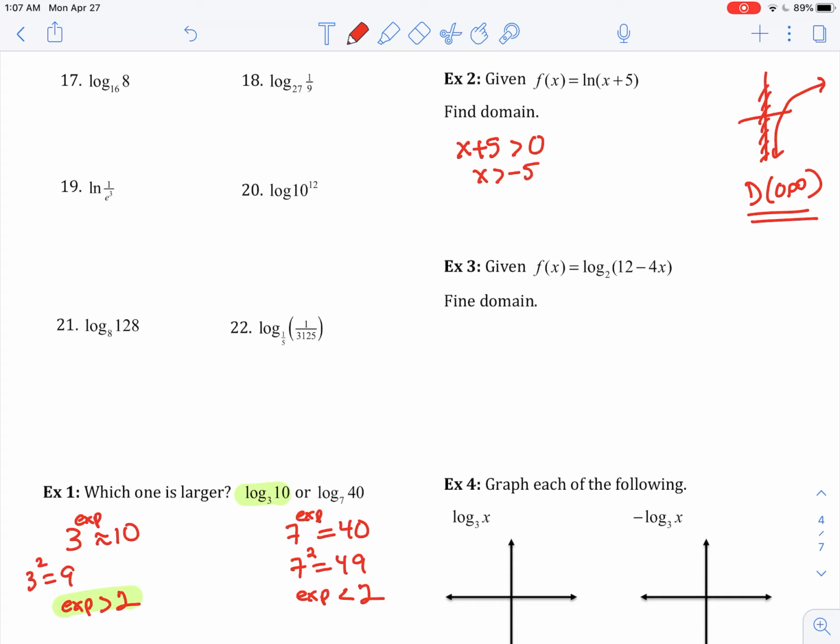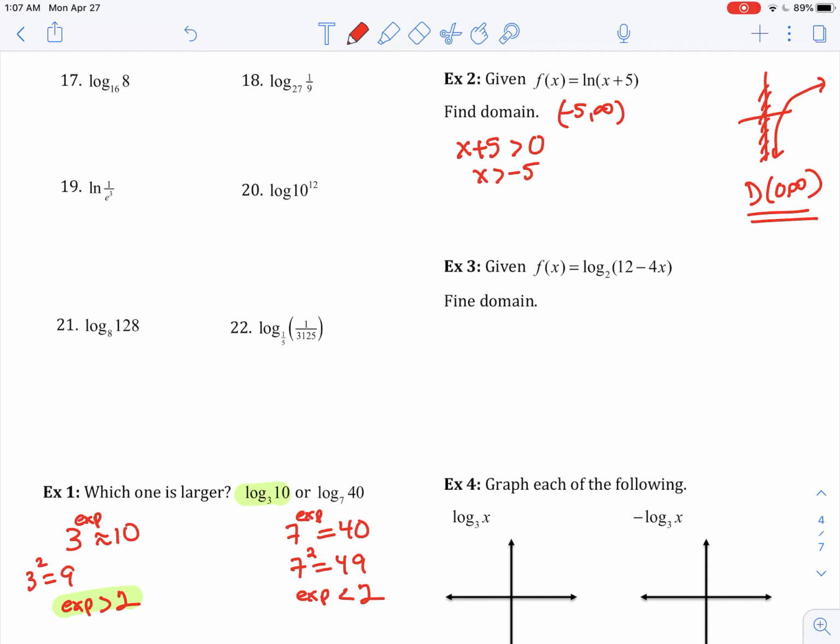So if x plus 5 needs to be greater than 0, that means that x needs to be greater than negative 5. So our domain on number 2 is negative 5 to infinity, not including the negative 5, because we cannot take logs of 0. Remember, we will not hit the x-axis with our basic log graph.